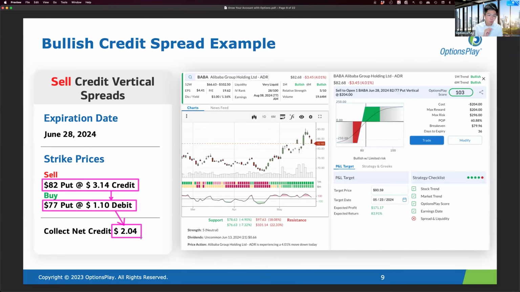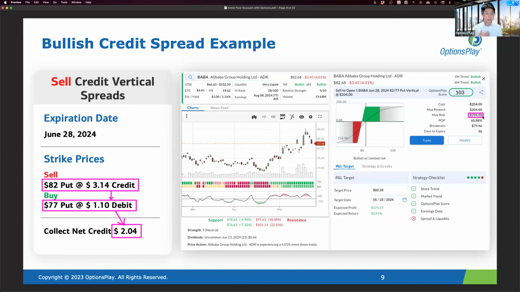But the amount of risk that I'm reducing the trade by and the margin requirements that I'm reducing it by are astronomical compared to what I'm giving up in terms of income. I'm giving up about $1 worth of income, but if you look at my maximum risk here, it's $296 on this specific trade. Before, I was risking roughly $8,000 on this trade. Now I'm reducing my risk to only $296 in exchange for buying that $77 put.